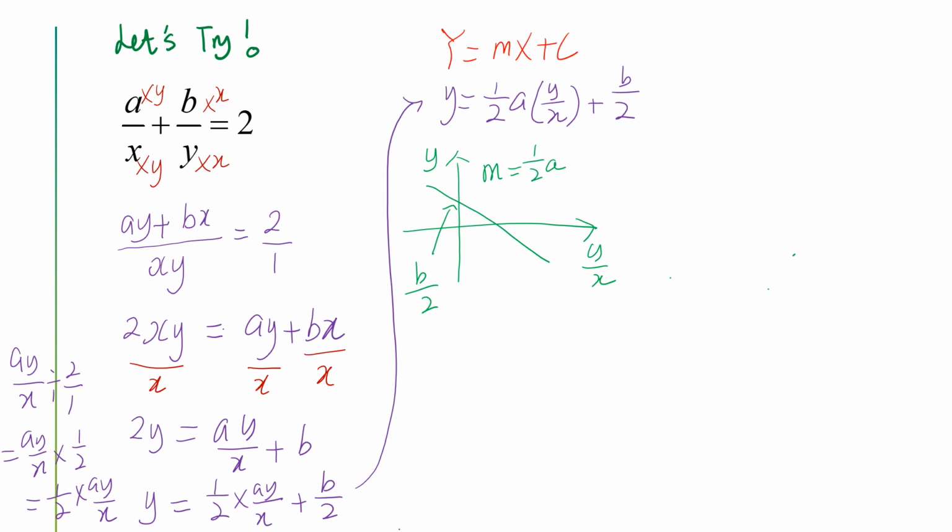So this is one way of doing it. So supposing you don't quite like it, then what is a second method? We can continue from here: 2xy equals ay plus bx. So supposing you want to make a the constant, you just divide by y throughout.